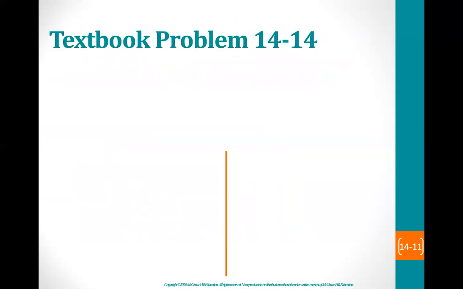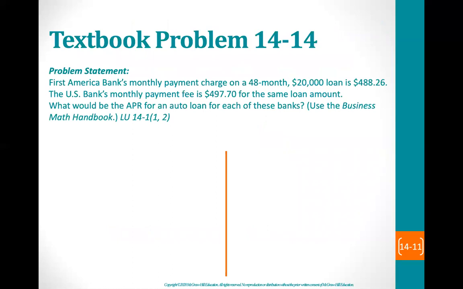So here's an example. First America Bank's monthly payment charge on a 48-month, $20,000 loan is $488.26. The U.S. Bank's monthly payment fee is $497.70 for the same loan amount. What would be the APR on each auto loan at each bank?